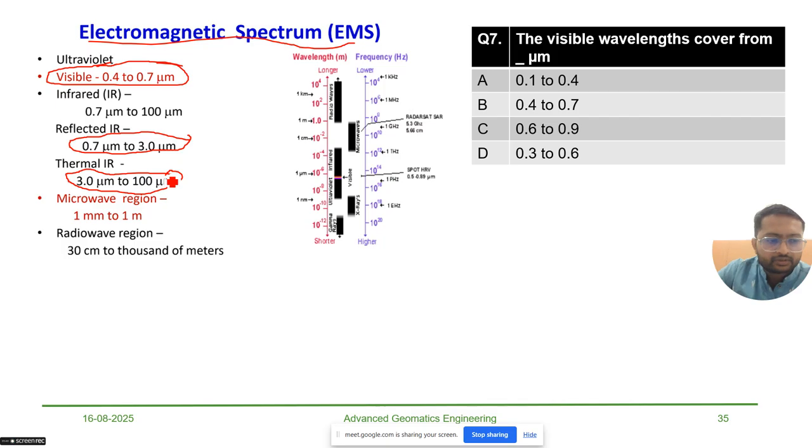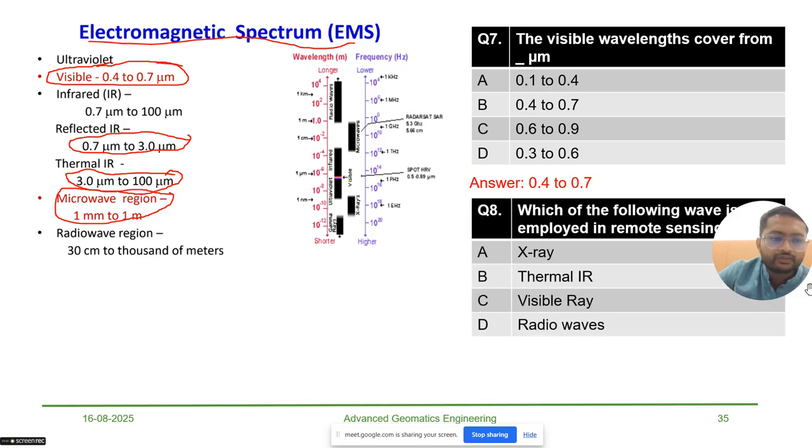Objects have some temperature through which they emit radiation, and that we measure in thermal remote sensing. And microwave means active remote sensing, where we send signals and then capture those signals, at a very high wavelength. And radio waves have an even higher wavelength, which is used for communication purposes as well.